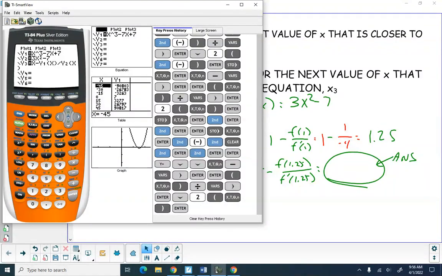There are other values. Let's zoom out. What's happening now is your y1, y2, y3 are all being graphed. Let me zoom this out.